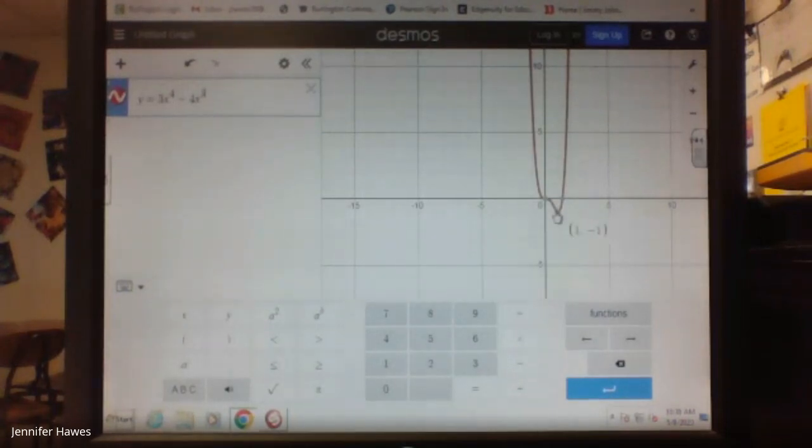Because this is kind of like a touchdown graph, because number 1, your degree is 4. So it's going to look like that, with however many peaks and valleys in there. That's what it kind of looks like.